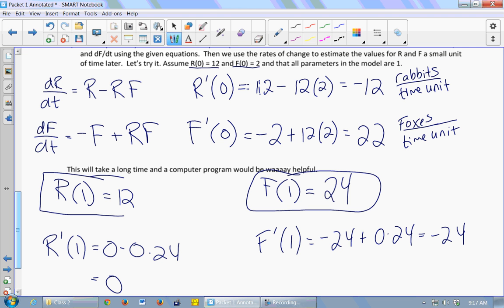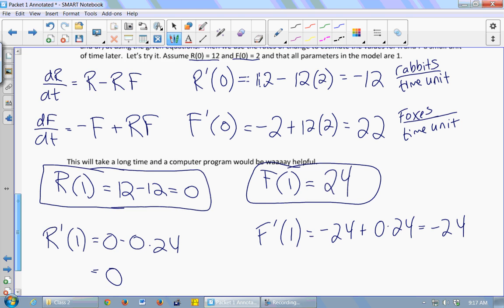I said we started with 12 and we're declining by 12 rabbits, 0. So I'm using the rate of change to calculate the value of the function 1 unit of time later. It's still an estimate because the rate of change doesn't stay constant for a whole unit of time. The rate of change is changing.